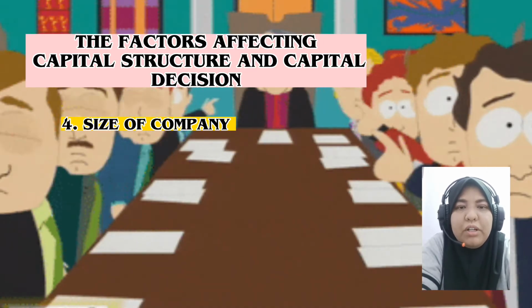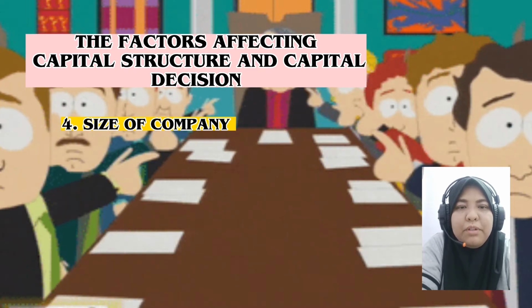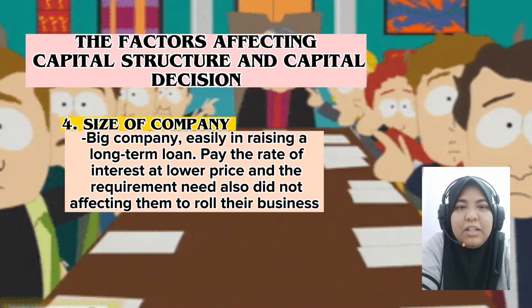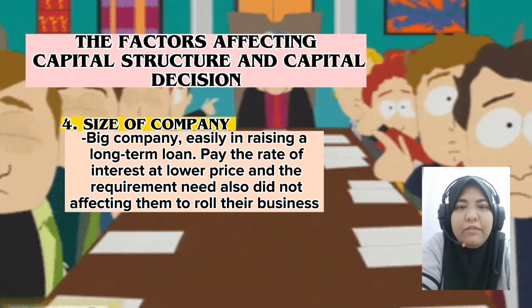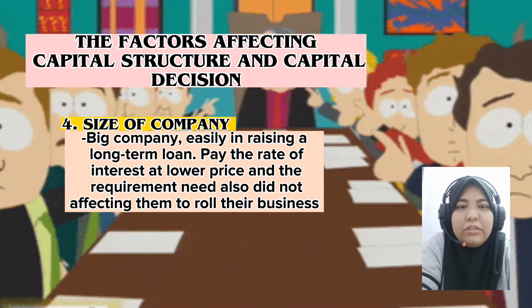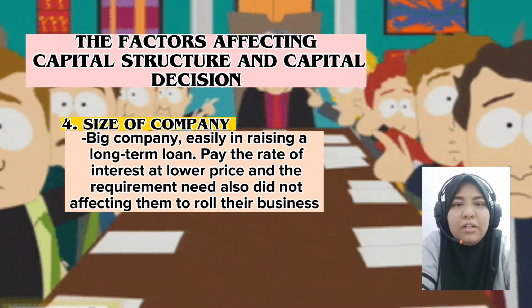For example, a big company tends to raise long-term loans easily. In addition, they pay a lower rate of interest, and the requirements they need do not affect the running of their business because they have their own brand and established profit. So it's not a big deal for them since they have a wide range of capitalization. The reverse condition applies to a small company.